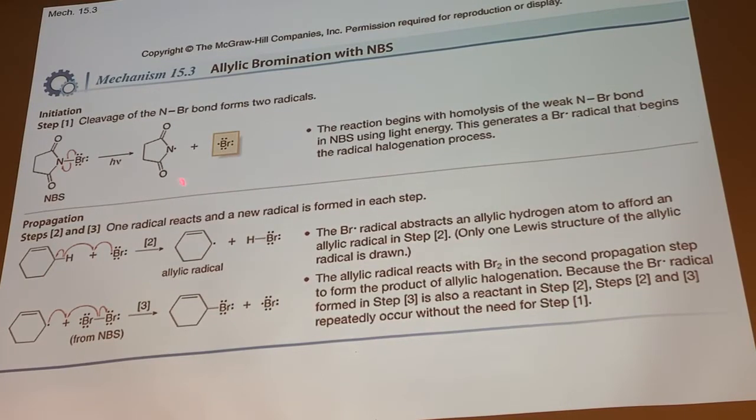The fate of this succinimidyl radical is relatively unimportant because we don't make very much of it. It's only formed in the initiation step. So we don't really need to worry about what happens to that succinimidyl radical.